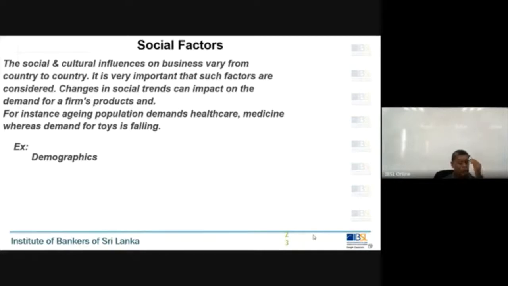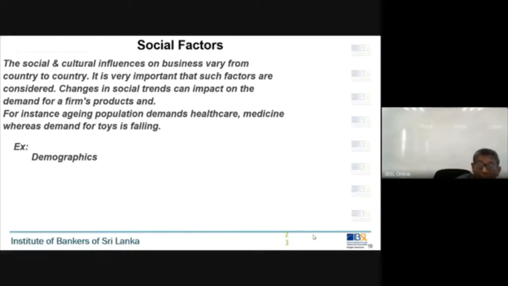So the chief of the Central Bank of England said, if you work at home, you may lose your innovativeness and creativity. So those are some of the social factors we need to look at.